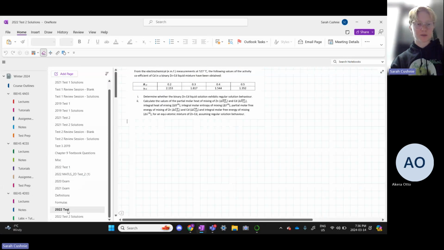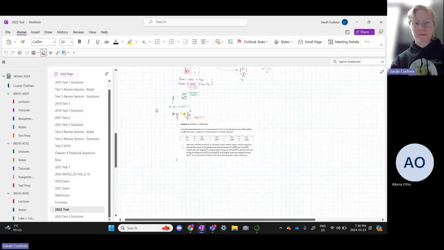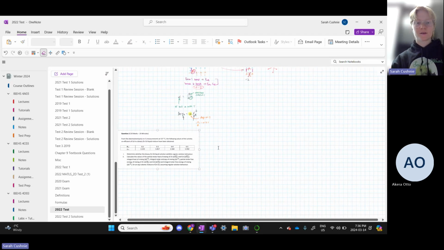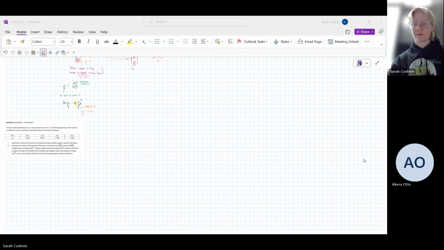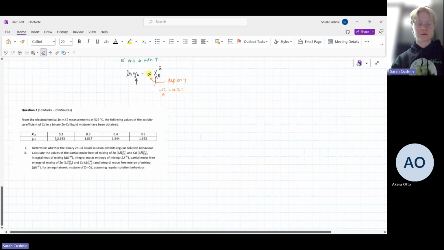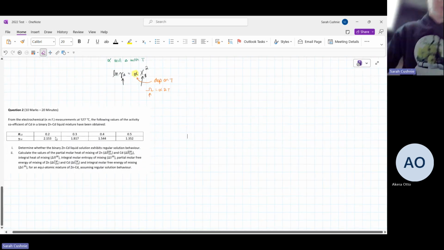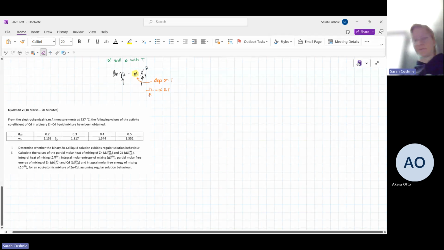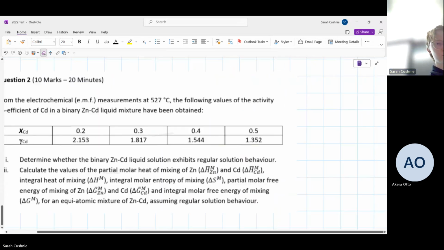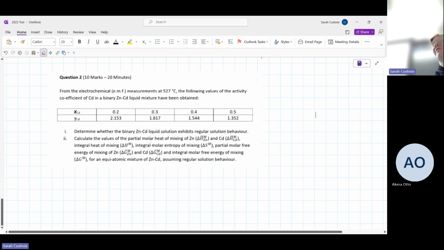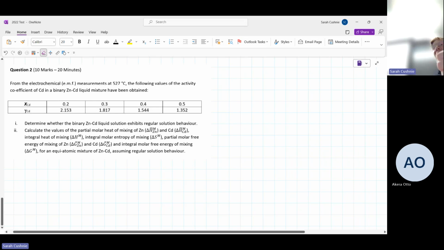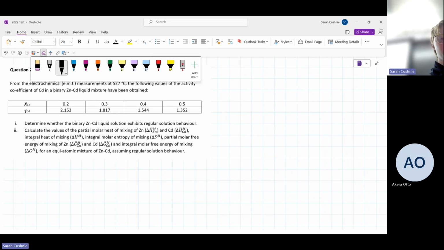Oh, and now you're working just fine. Share my screen. Apologies for that. My OneNote hates me sometimes. Alrighty, are we good to keep going? Sorry for that delay. My computer is a little wonky sometimes.